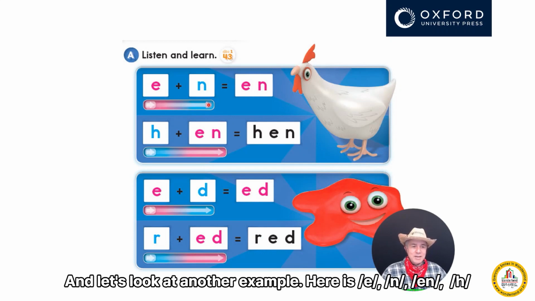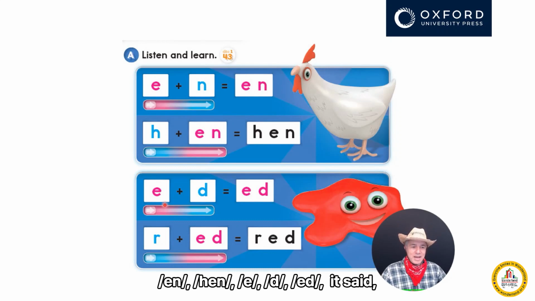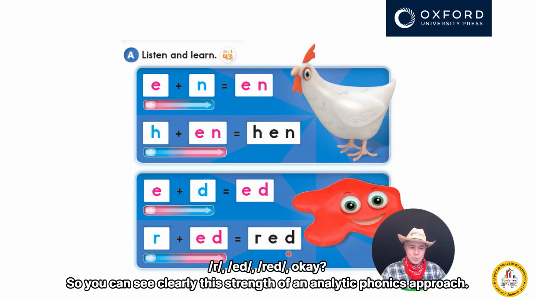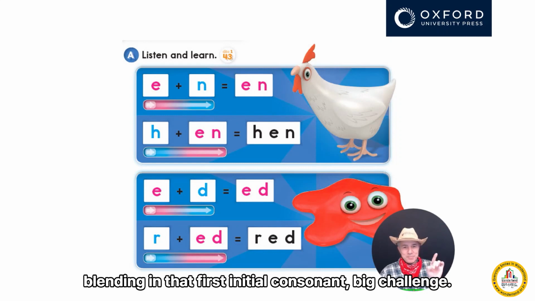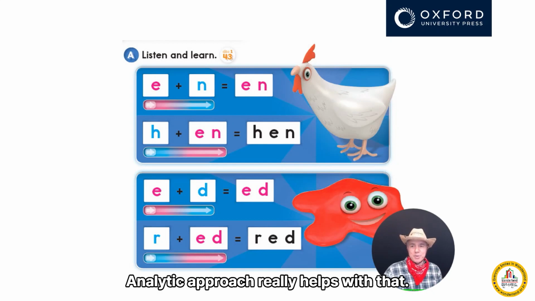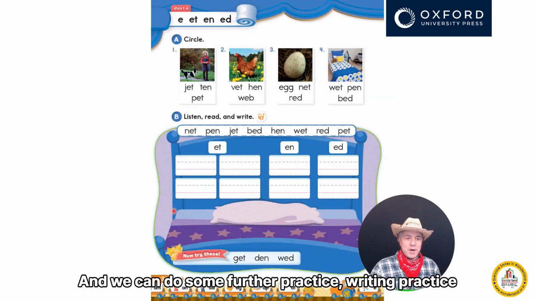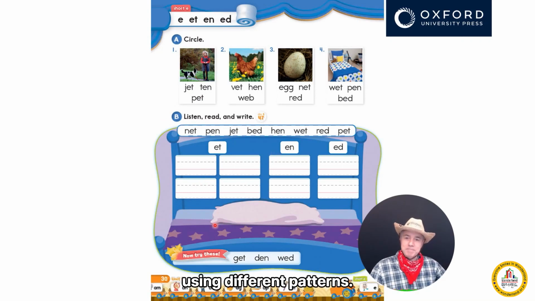So we have n, n, h, n, and ed, ed, ed, red. Okay. So you can see clearly the strengths of an analytic phonics approach, especially for students here in Asia, blending in that first initial consonant. Big challenge. Analytic approach really helps with that. And we can do some further practice, writing practice, okay, using different patterns.